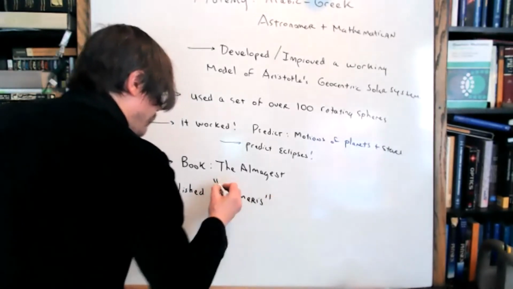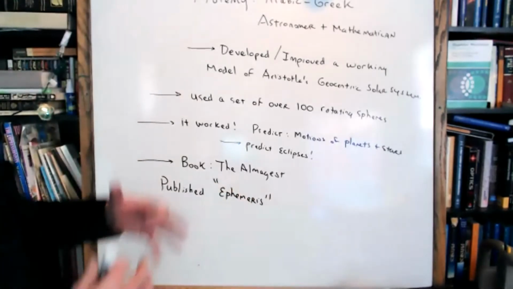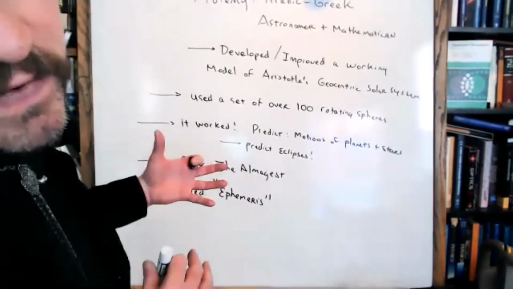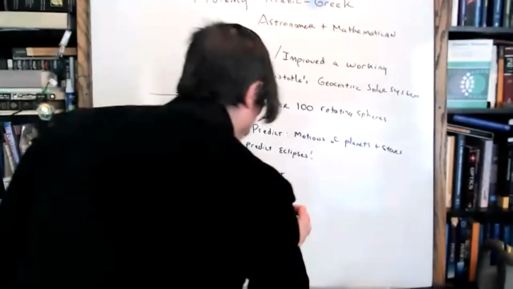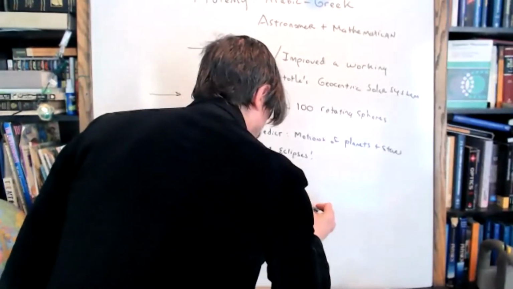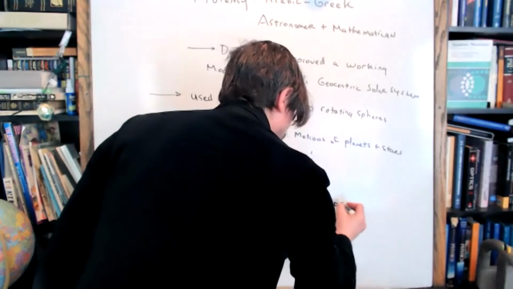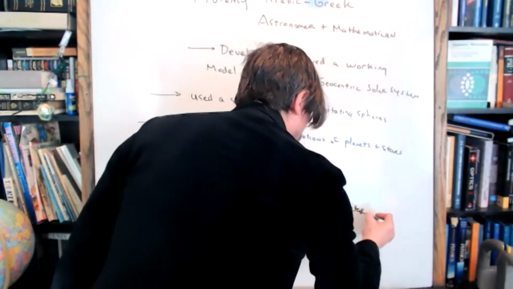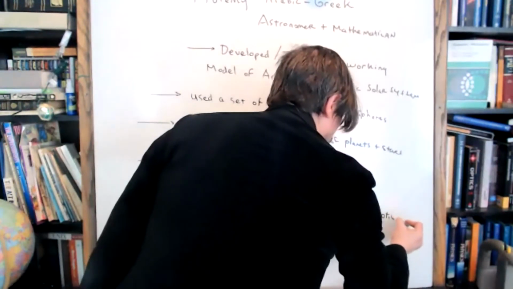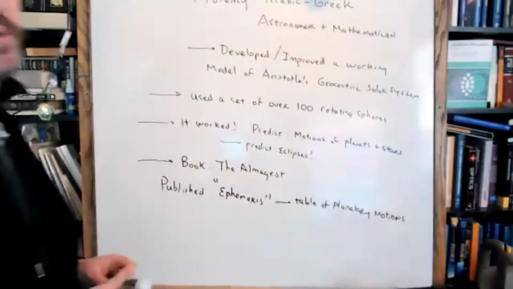We still call them an ephemeris today. And the ephemeris is a table of the rising and settings of planets and eclipses. It's a table of planetary motions. We actually used one last week when we looked up the coordinates of the planet.